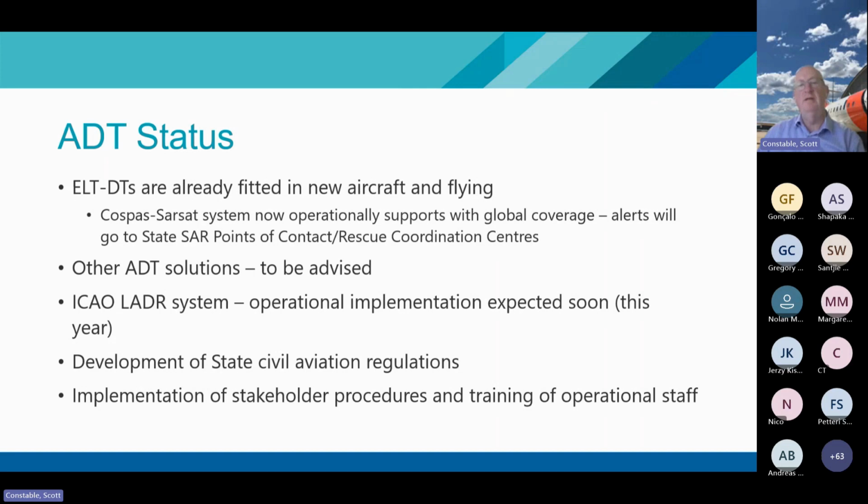But having said that, of course, if a state does not yet have regulations, the international nature of aviation is that there'll be aircraft from another state entering your airspace or your SRR, which will have these devices fitted and will have regulations. So all RCCs globally need to be prepared now to handle any ELT-DT alerts that they receive.